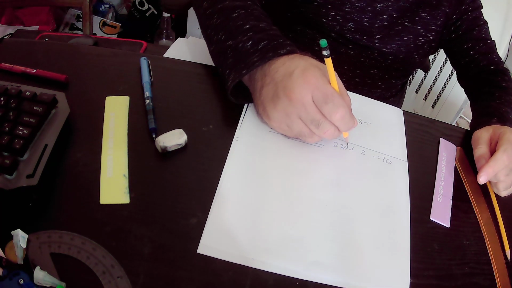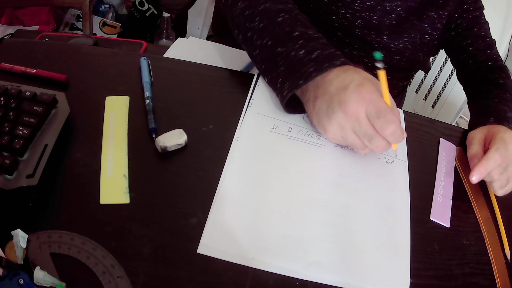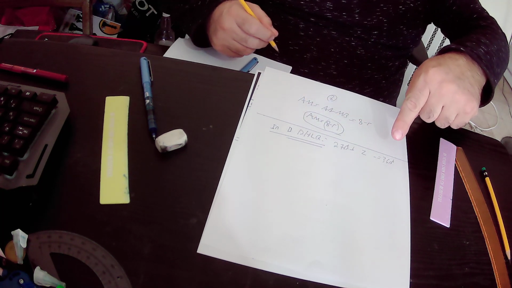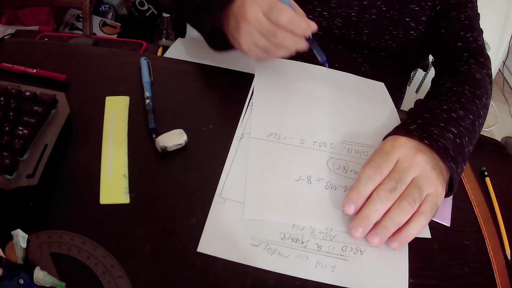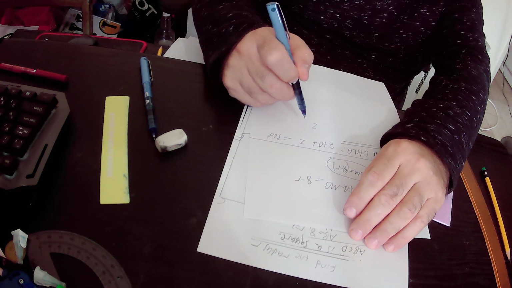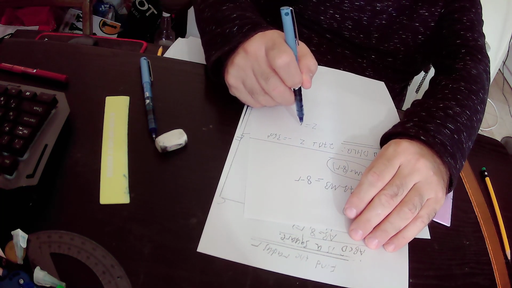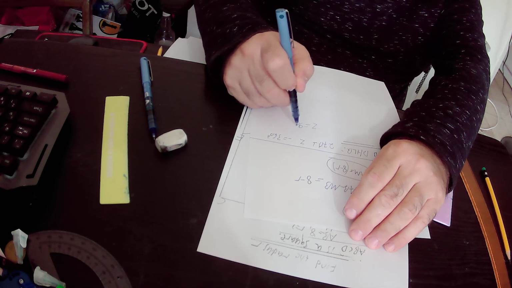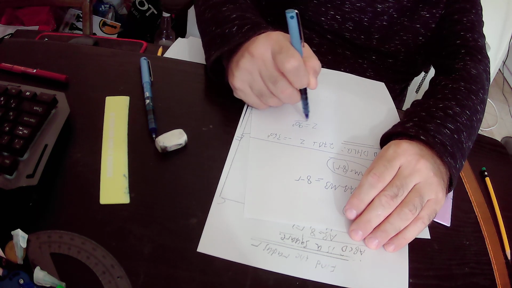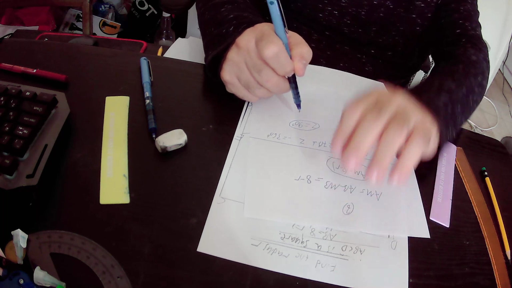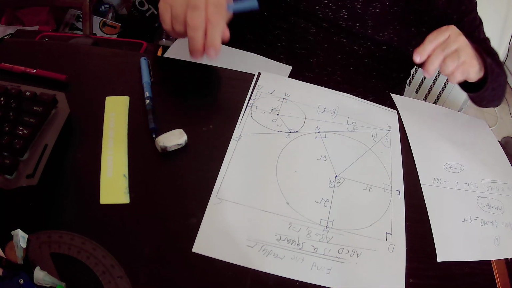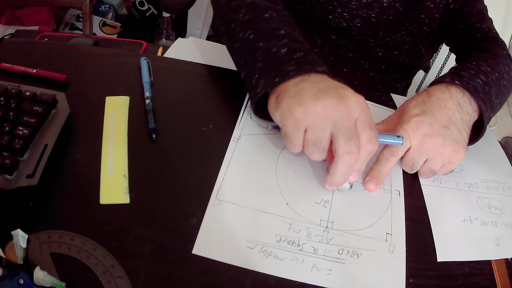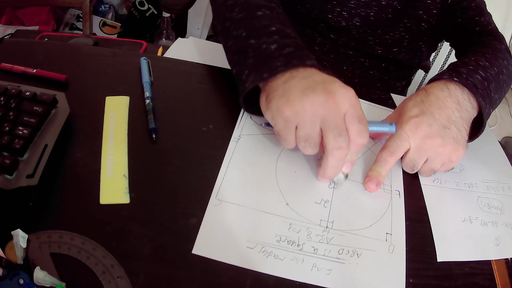So we subtract 270 degrees from this equality. We get that angle Z equals 360 degrees minus 270 degrees, which is 90 degrees. So angle Z is a right angle, it equals 90 degrees.